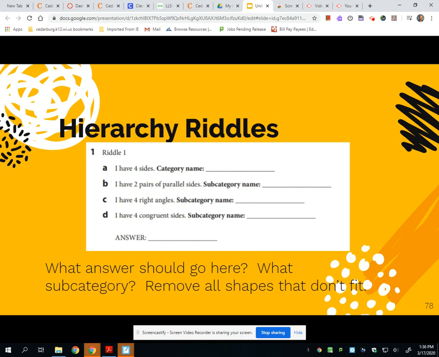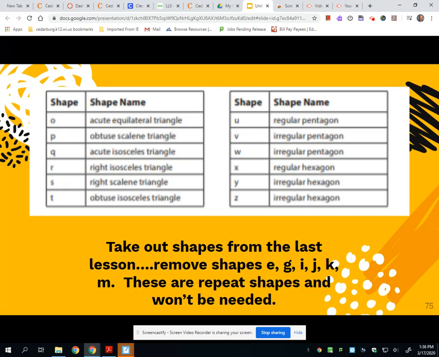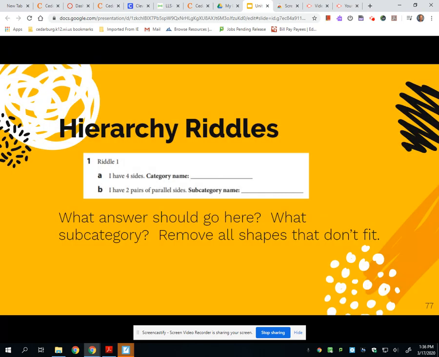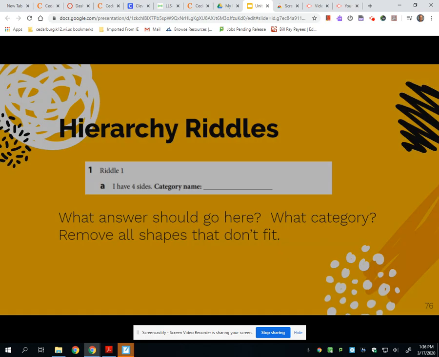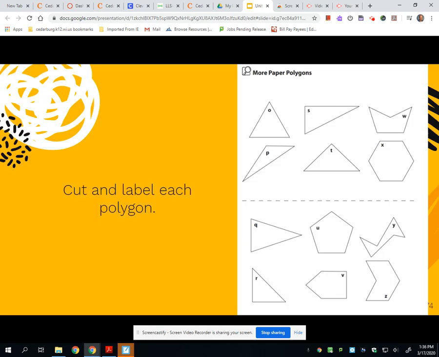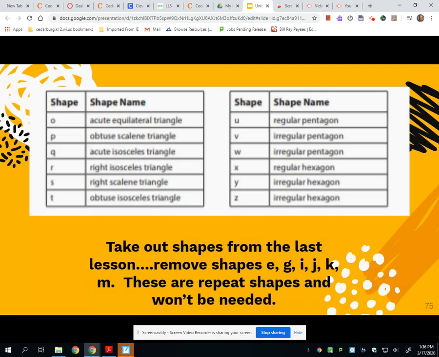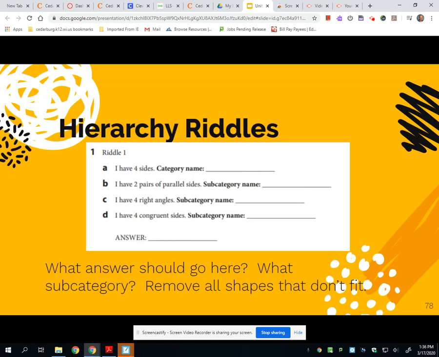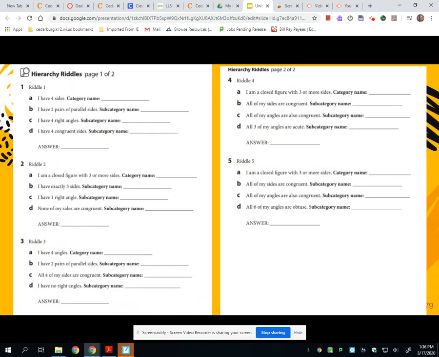Let's go backwards and see where a square would be. Not in any of those shapes. But the answer would be square. So you have four more riddles to answer in the video.